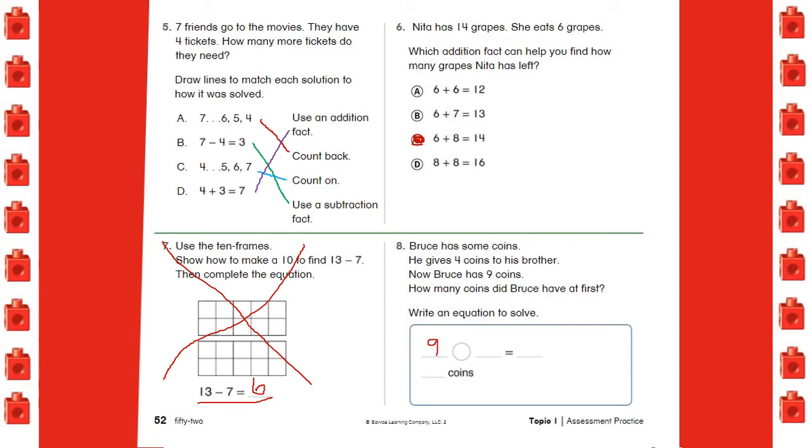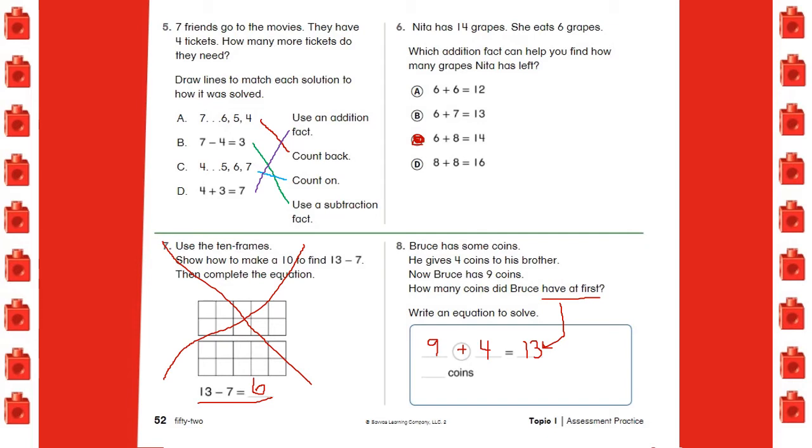Bruce has 9 coins. Okay, and four and 13, because we want to know how many he had at first. Well, at first he had 13. Now he has 9.